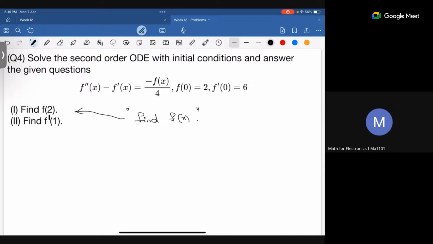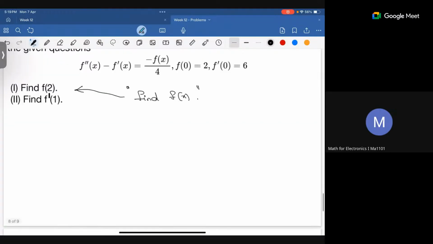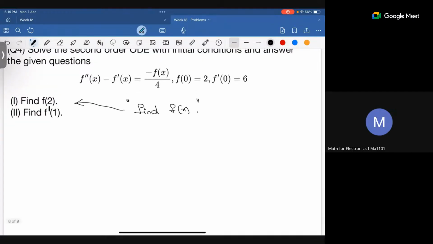Okay, so has anybody solved this? At least the first part. No? Okay. Shall I solve it or are you guys trying it? Okay. So take 2 more minutes.